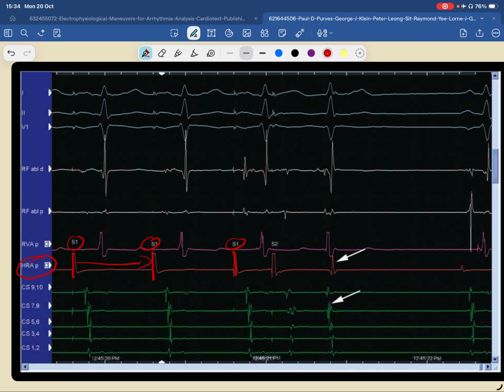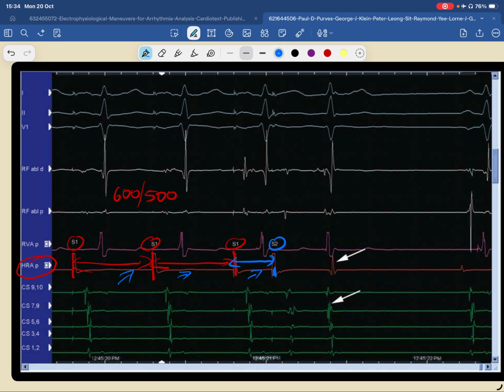Remember that the drive train is the one that goes at a constant rate, whether it's 600 milliseconds or 500 milliseconds. And then after that, you give an S2, which is an extra beat. You can see the interval is way shorter than our S1, which shows that this is an extra beat that we brought in quite closer.